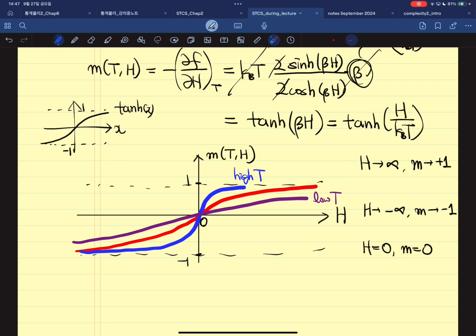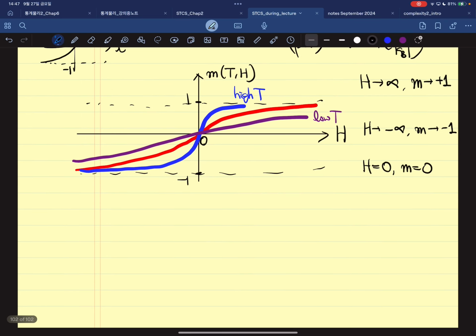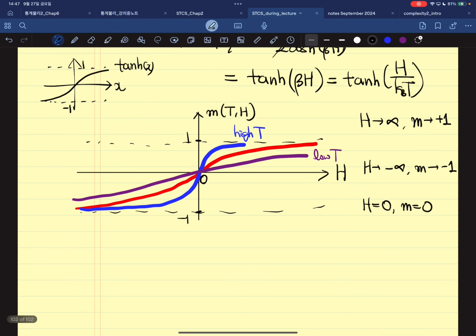One thing to consider here is, let's first consider this zero temperature limit.